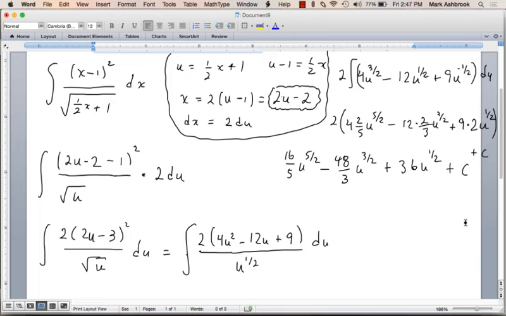Okay, but the problem was given in terms of x, not u. So everywhere there's a u, now we're going to have x plus 1. We're going to change it back. Here we go. A little pencil pushing exercise here.